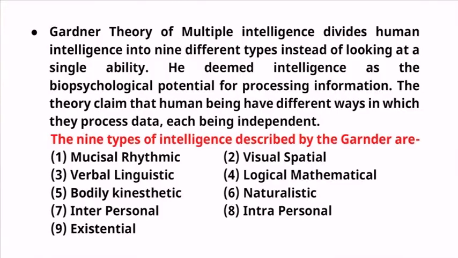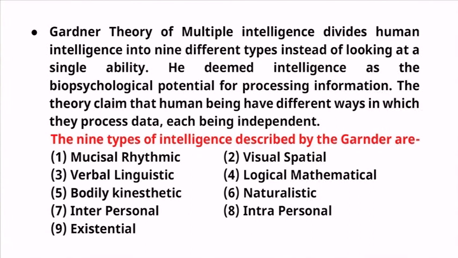Now, before we say on which there is a gender discrimination, we must try to understand the meaning of these intelligences. So, very briefly, I will tell you the meaning of these types of intelligences. Musical intelligence refers to the ability to appreciate, understand and create music.